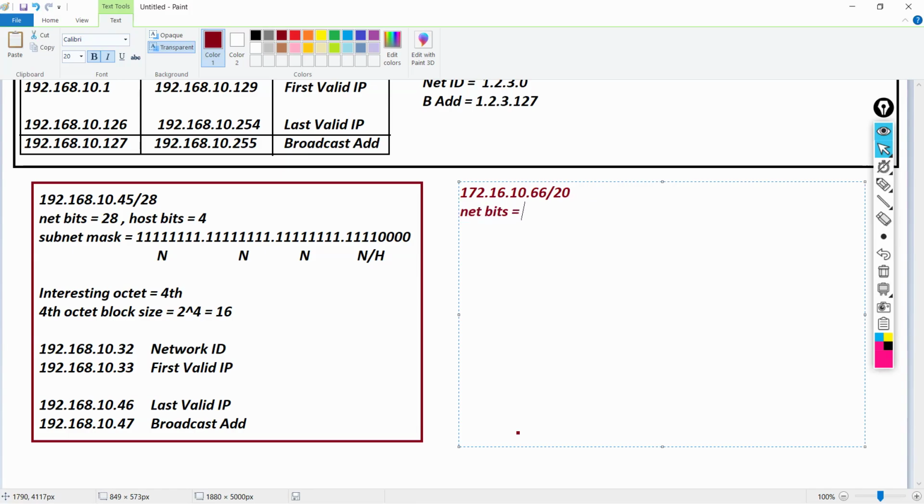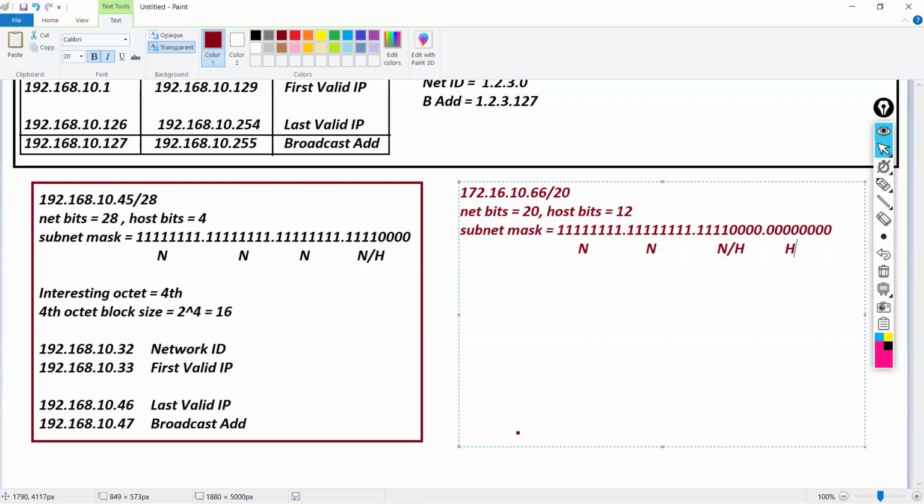Network bits 20, host bits 12, subnet mask 8, 16. This will be the subnet mask. Constant. This is also network, so it will be constant, network as well as host. And this is completely host.